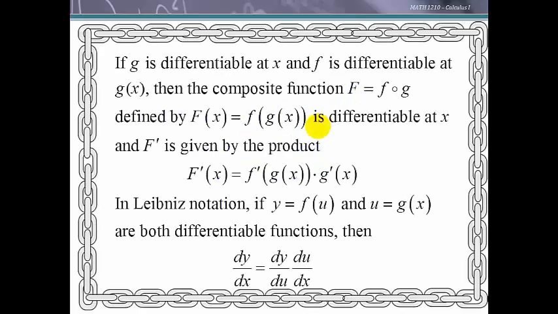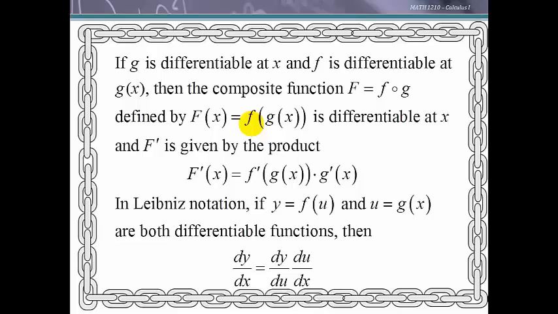So here is the chain rule, and it's expressed in two different notations. You can see down here at the bottom was the one we derived, the Leibniz notation. Let's read this. If g is differentiable at x and f is differentiable at g of x, then the composition function capital F, which is just f composition g, and it just means that we have g of x inside of the function f, is differentiable at x, and the derivative is given by the product.